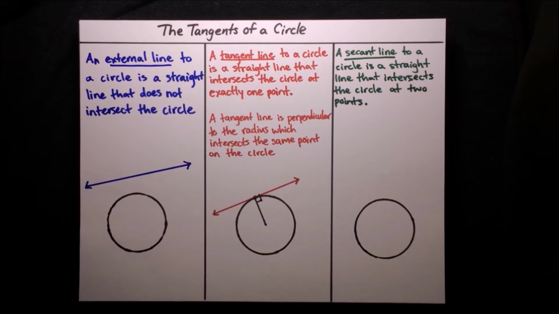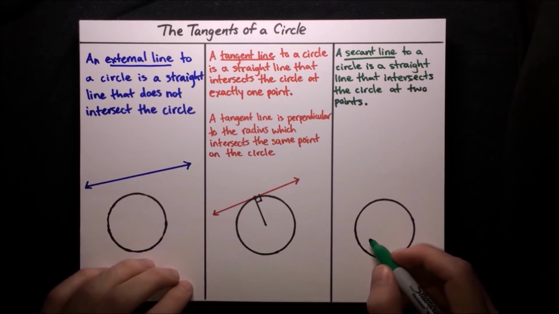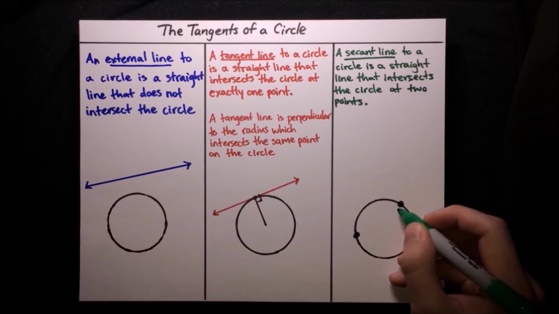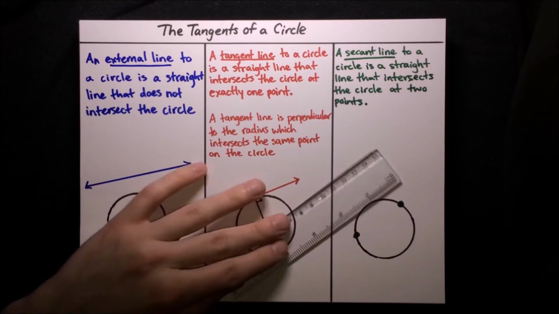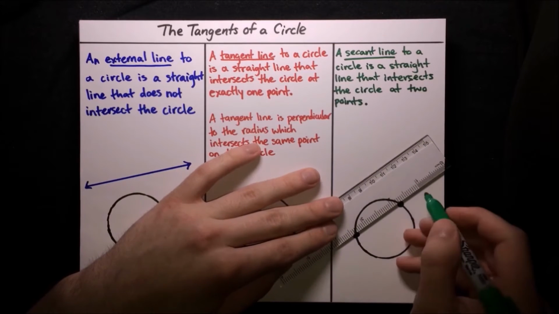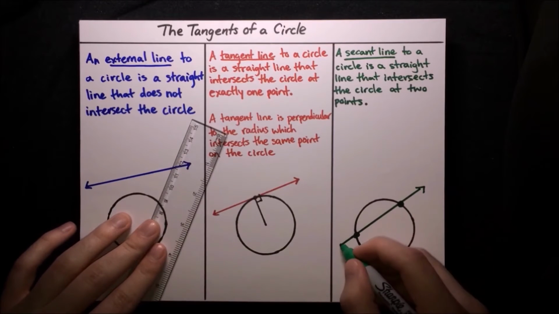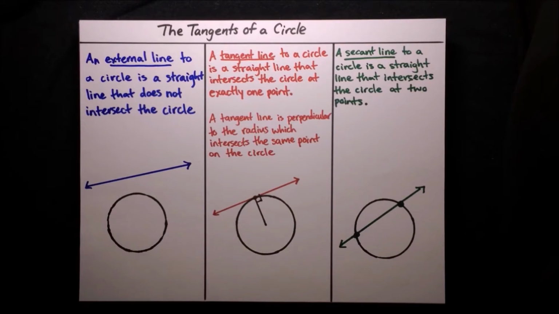So why don't we go ahead and draw the secant line that goes through 2 points on the circle, say this point and this point. So we'll just go ahead and draw that line through those 2 points. Here it is. And there we go. There is an example of a secant line.